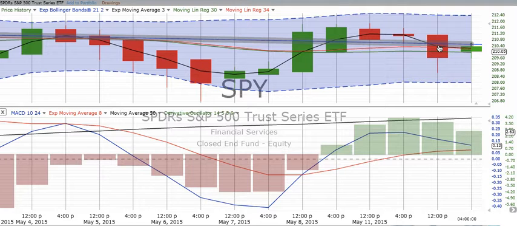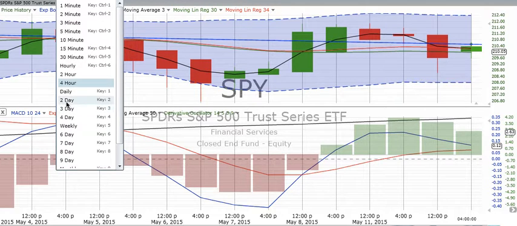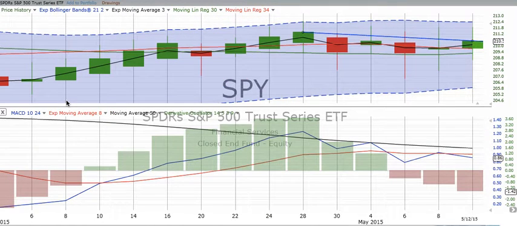We can see now that the 4-hour chart crossed over going up back on the 8th of May around noon, and it looks like it is decelerating and getting ready to cross over going down. But like we told you, when we range out to the two-day chart, we are currently in a down move, crossing over going down. You can see back on the 8th on the SPY, the Standard & Poor's 500.